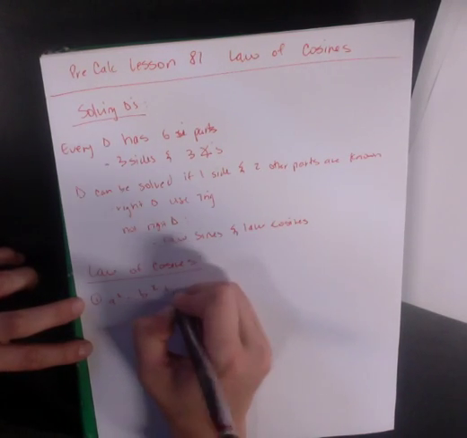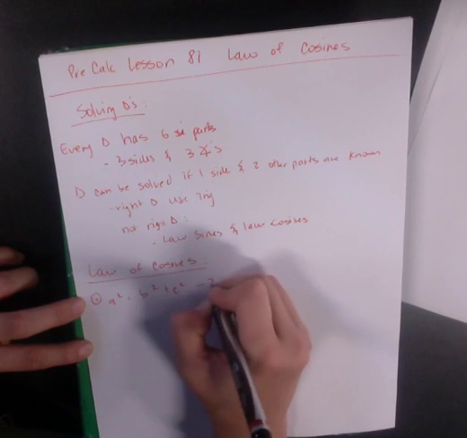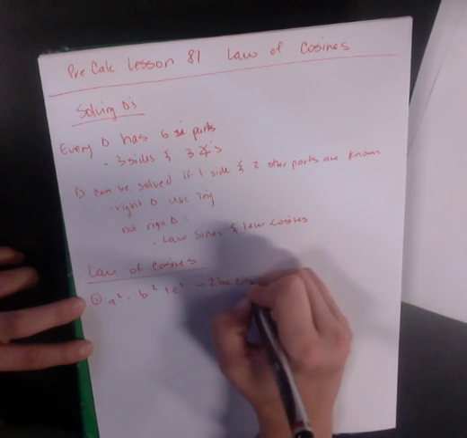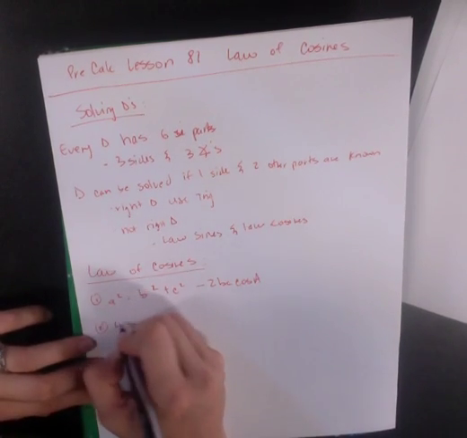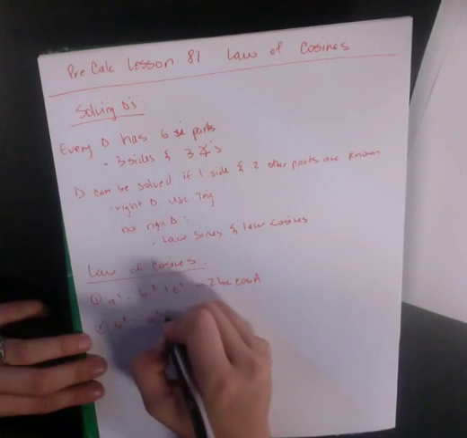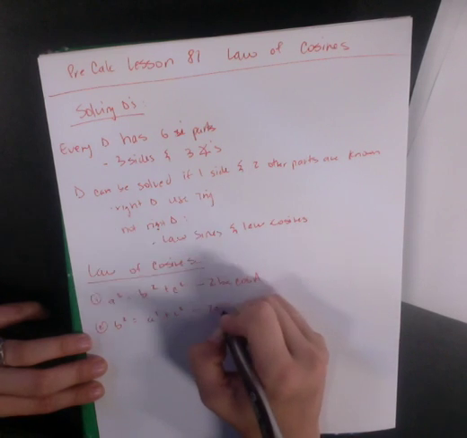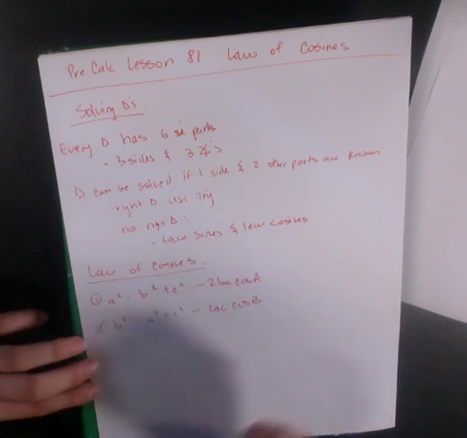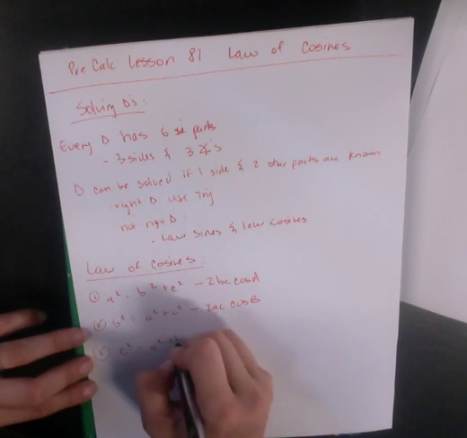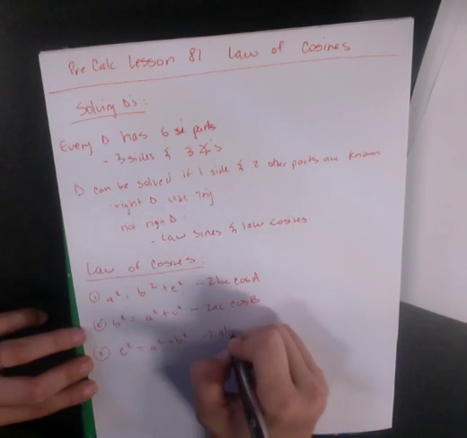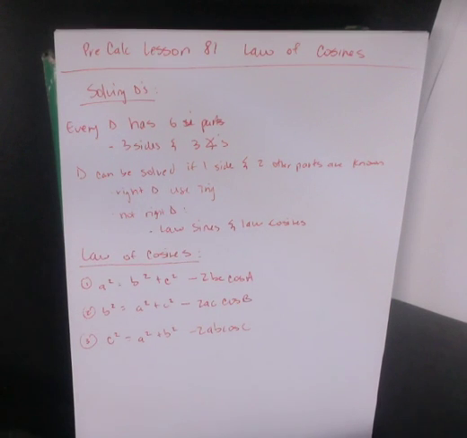A squared is b squared plus c squared minus 2bc cosine of A. B squared is a squared plus c squared minus 2ac cosine of B. And c squared is a squared plus b squared minus 2ab cosine of C.